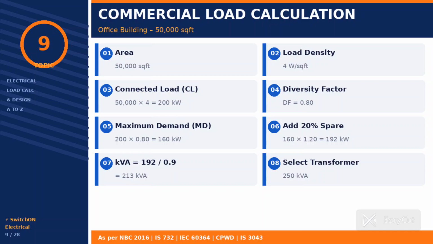Please go through it. Okay. 25 kVA transformer you will get. Again you have to add 20% spare for that. See, now your kilowatt is 16.24. We will convert that into kVA, then add 20% to that.